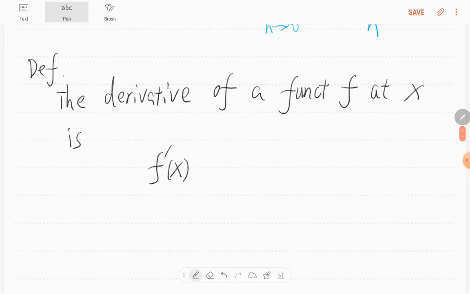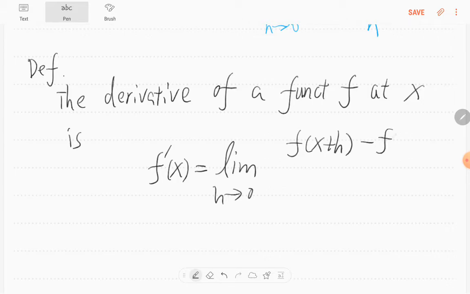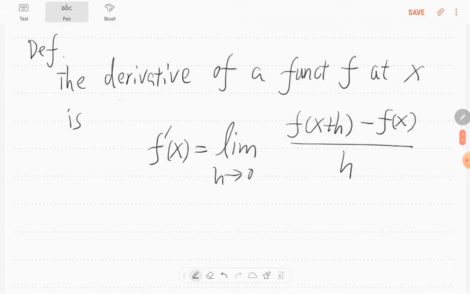What is f prime of x, the derivative of f at the point x? It is the limit as h approaches 0 of f of x plus h minus f of x, over h. So this is the definition of the derivative. It's actually the slope of the tangent line at the point x, right?